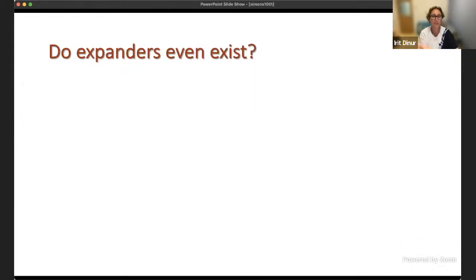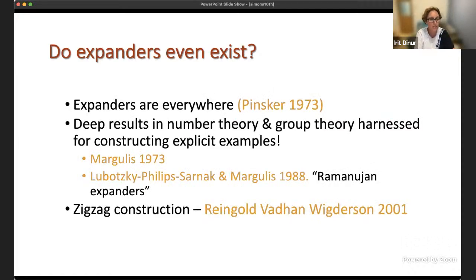Okay, so now I want to step back and talk about expanders a little bit more. The first question we can ask is, do expanders even exist? I guess at this point it's a bit redundant to ask. Expanders are everywhere. It is known that a random graph is a good expander. We also have very good number theoretic and group theoretic constructions that give best possible expanders if you measure in terms of eigenvalue gaps.